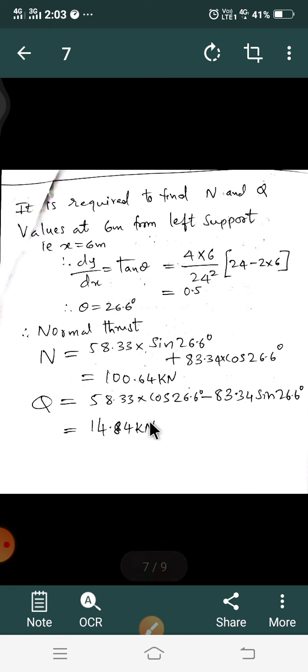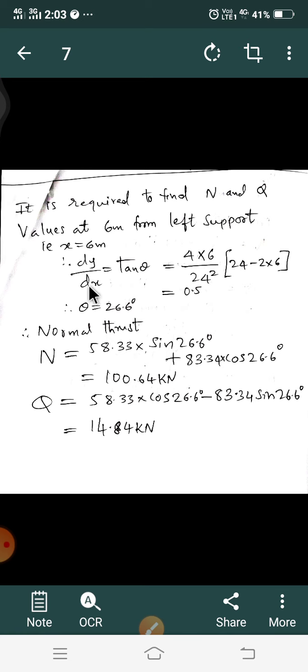Now let us calculate the values of N and Q, normal thrust and radial shear values. In order to find these two, you can use this formula here, which I have directly used. So I need to calculate theta.